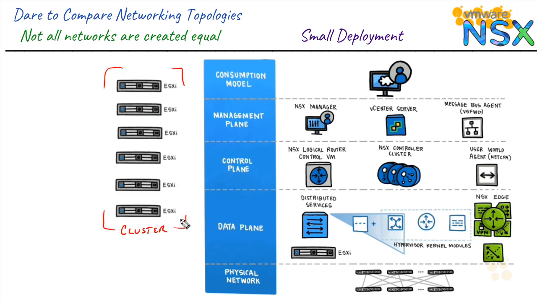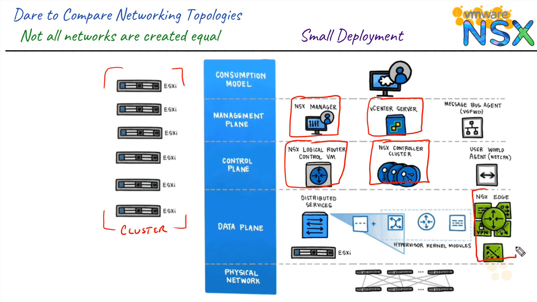But what we have to remember is that this cluster is going to have to be responsible for hosting the NSX Manager virtual machine, hosting the vCenter Server Appliance virtual machine, hosting the Logical Router VM, hosting not one, not two, but 3 virtual machines, that's the NSX controller cluster, and hosting any virtual machines that are functioning as NSX Edge devices. And all of that is in addition to the infrastructure needed to support the individual VMs that this whole infrastructure is here to support, production and development and DMZ and all of those elements.